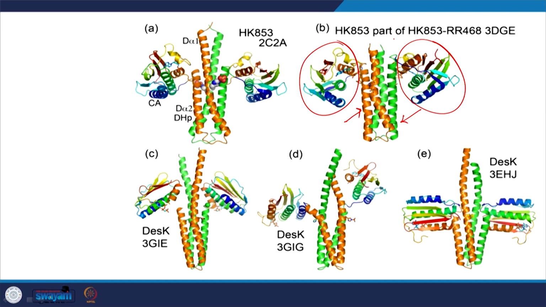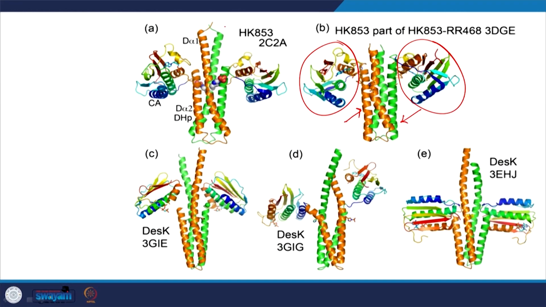The transmembrane domain is not there, and this is also something where I could talk about the limitation of the technique, because the membrane part of the protein is not easily solved through X-ray or other techniques, and NMR is not solubilizing the protein. So, it is only the cytosolic part which is solved, but this part helps you to understand the binding of ATP, the phosphorylation of histidine, and how this histidine transfers the phosphate group to the response regulator.